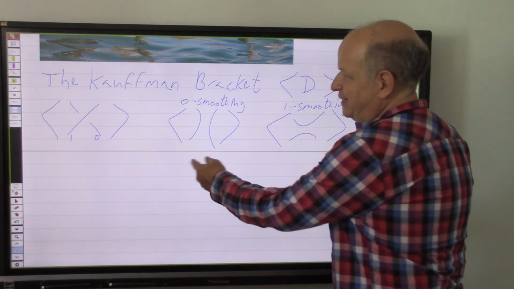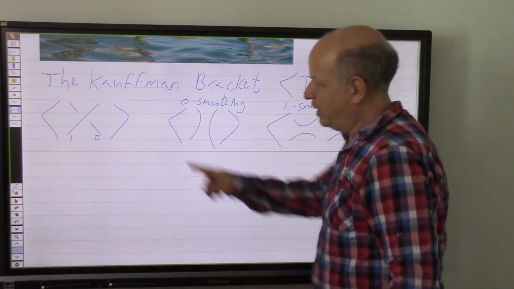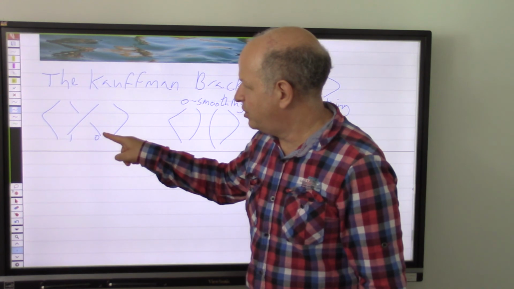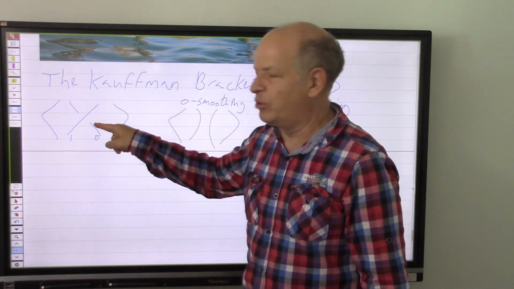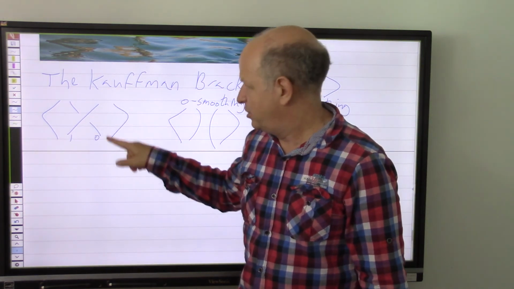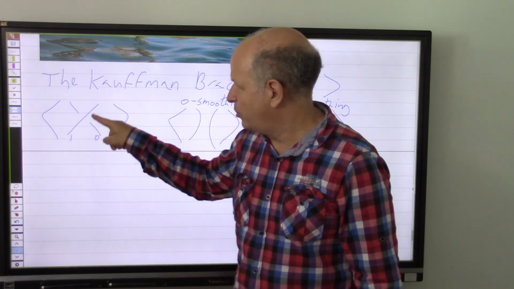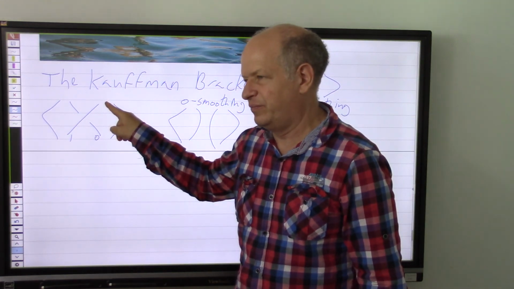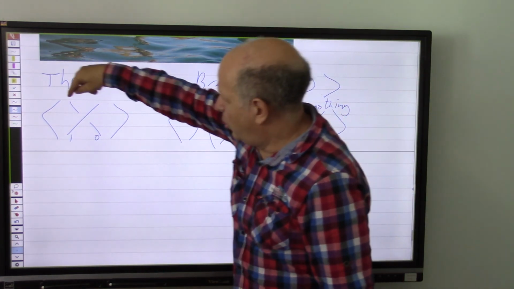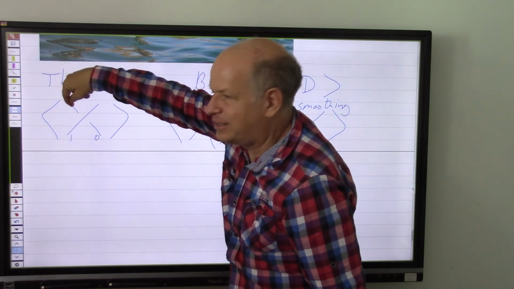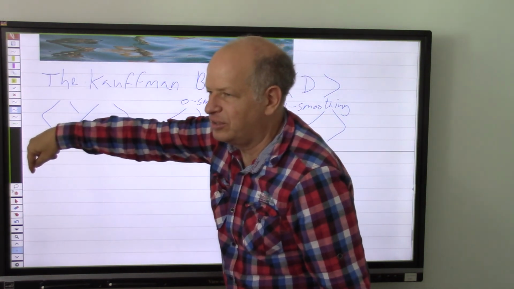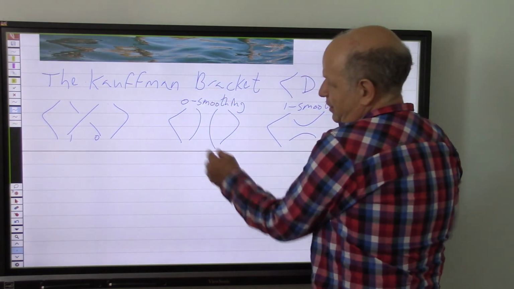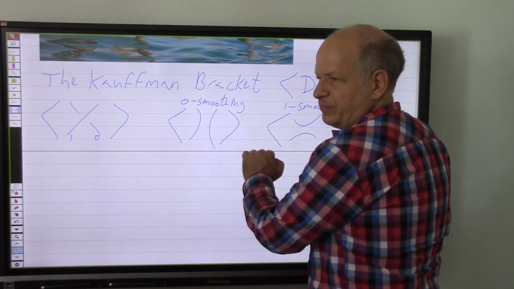Then the zero smoothing is what you get if, when you enter the interchange at level 0, you turn right. So I enter at level 0 and turn right, or I enter from the other side at level 0 and turn right, and I'll get these two lines.